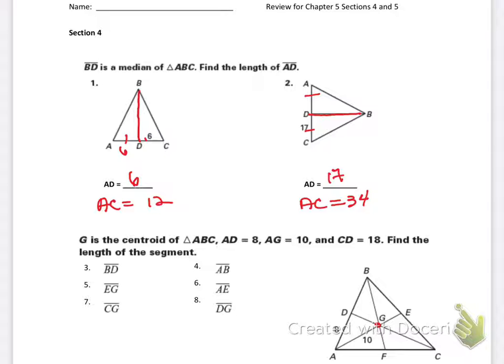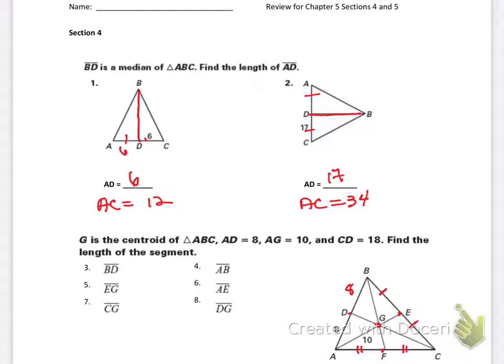What I know is the medians, where they hit the outside of the triangle, divide that segment in half. So AD is 8, and DB is therefore 8. And then the other things I know is that BE is going to equal EC because E is the midpoint, and then AF is going to equal FC because F is the midpoint.